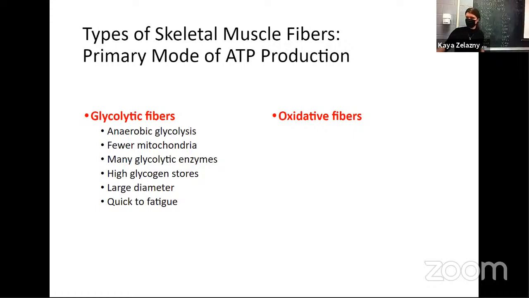So let's compare that to the oxidative fibers. What type of ATP production do you think they're going to do? Oxidative phosphorylation, right? It's in the name. Oxidative fibers do oxidative phosphorylation, which is the electron transport chain, plus the actual flow of those protons through the ATP synthase.